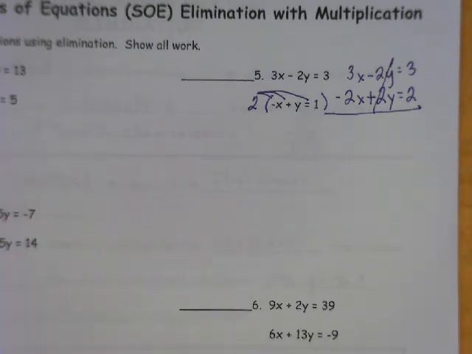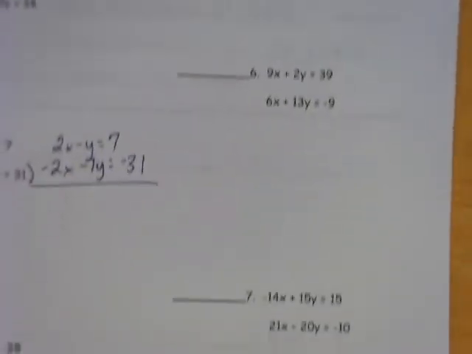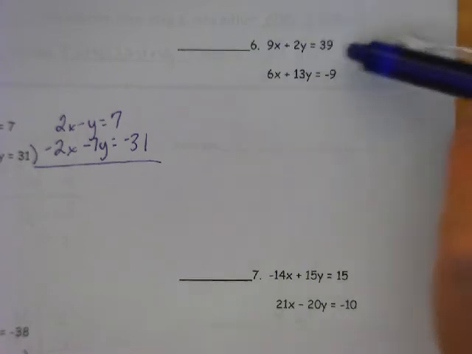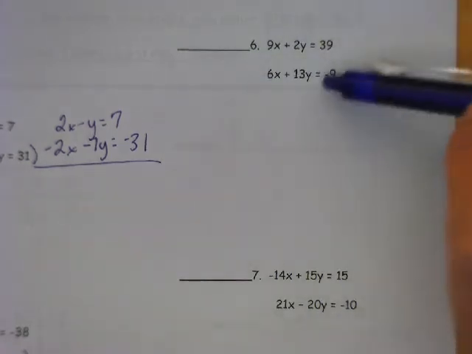Look at number 6. That's not a very friendly equation. What are you thinking, Luke? Okay, you could technically divide all the way through, but there's not a nice number to divide by.